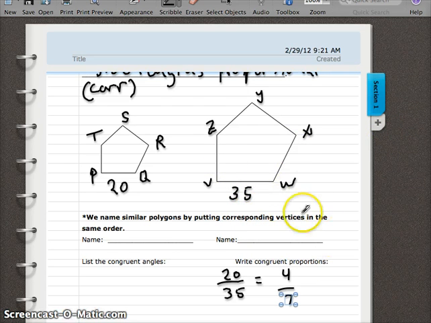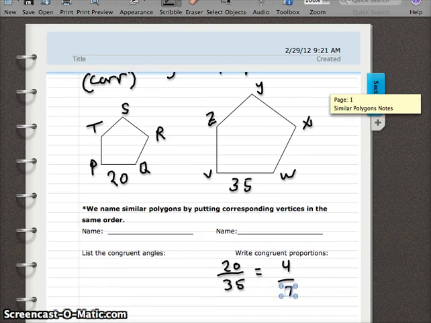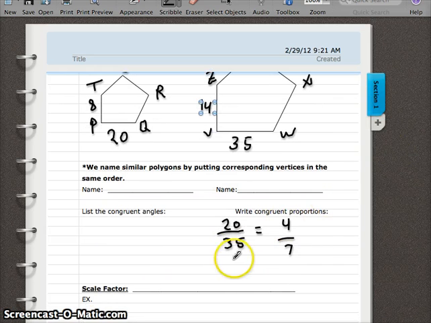And so let's do one more little comparison here. Since we said that side lengths have to be proportional, any corresponding sides must be the same ratio. So let's say that TP was 8 and ZV here was 14. If we compare their corresponding sides, if we set that up as a ratio, we get 8 over 14.